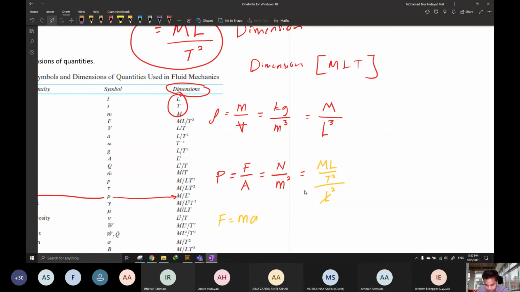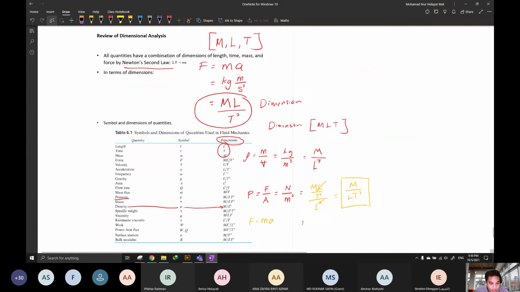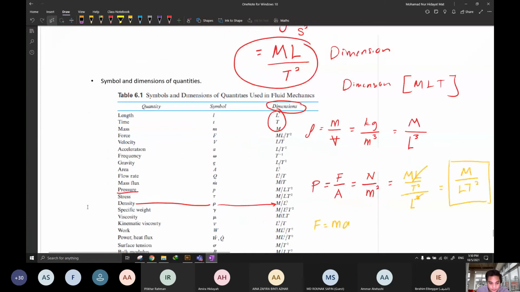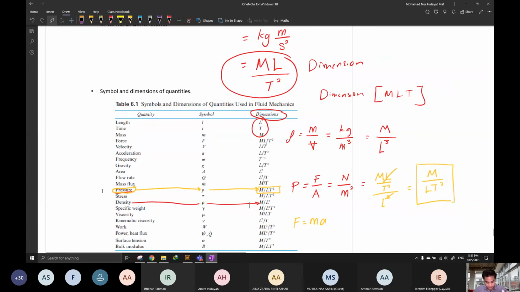So divided by L squared, you will find that M over L T squared. This is the dimension for pressure. Can you see this one? Where is my pressure? This is my pressure. Can you see? It is the same. Okay. Now you got it?